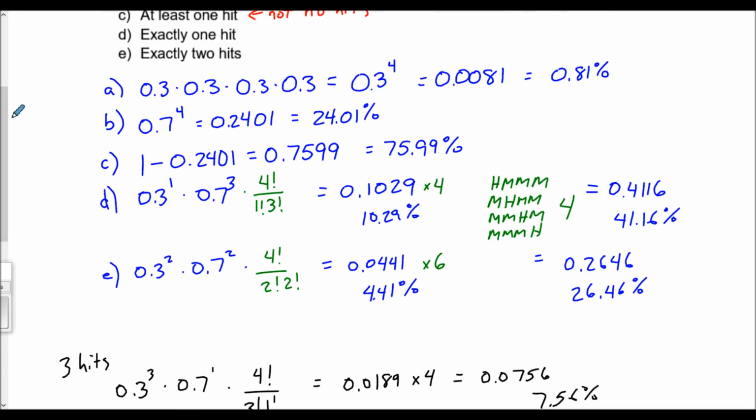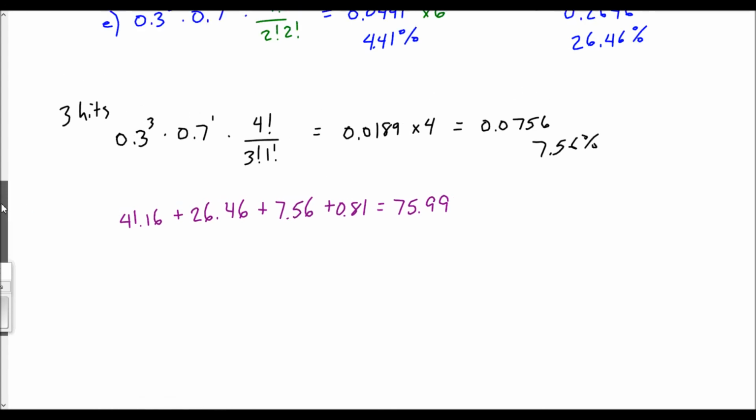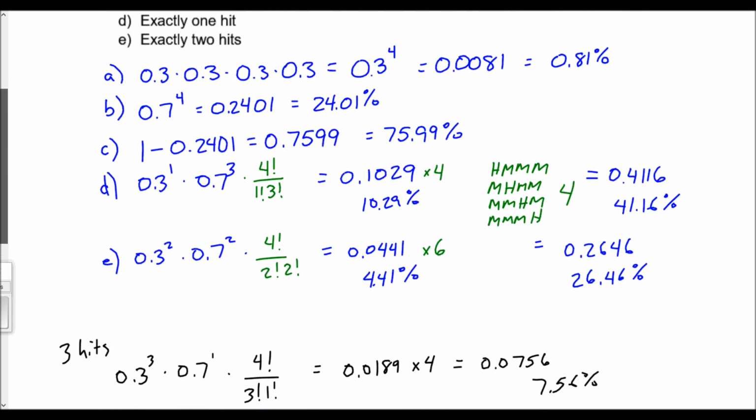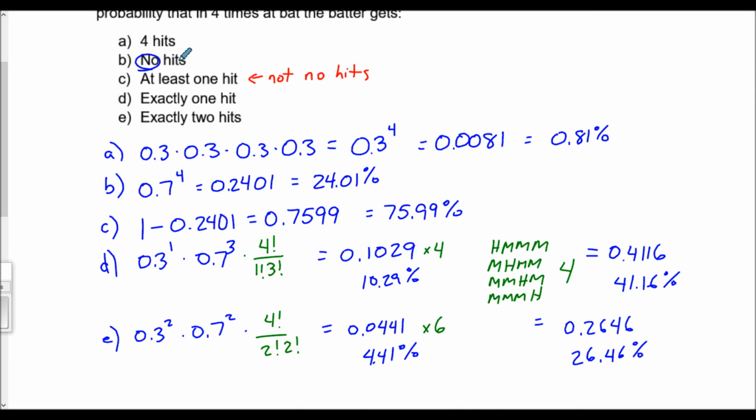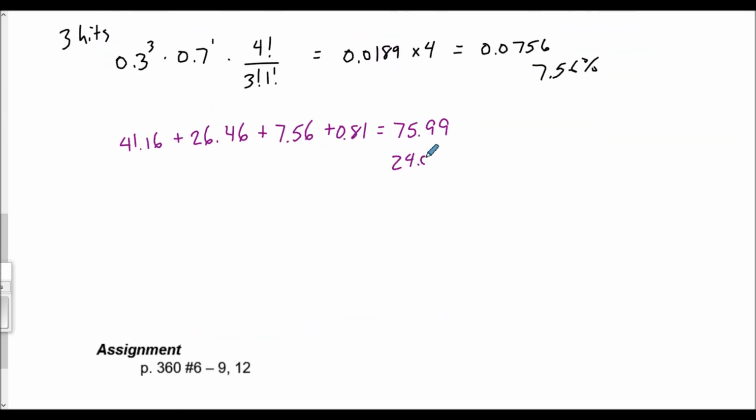It's 0.81%. So 1 hit, 2 hits, 3 hits, 4 hits comes out as 75.99%, which is exactly what happens of getting at least 1 hit. If we add our no hits, which means we add the 24.01, we get a 100% chance.